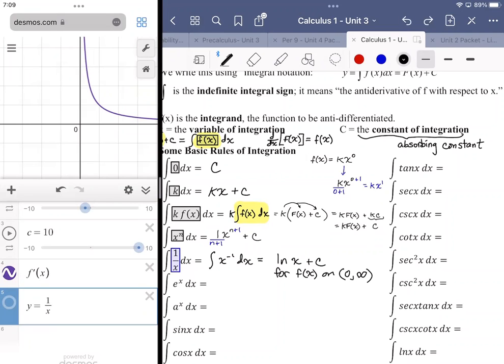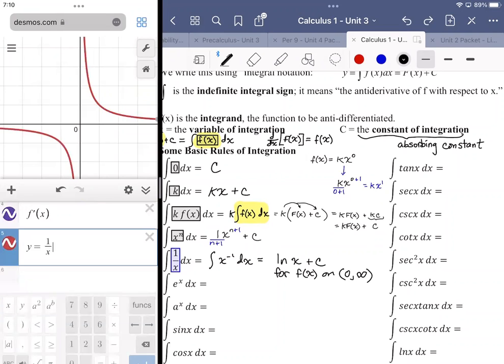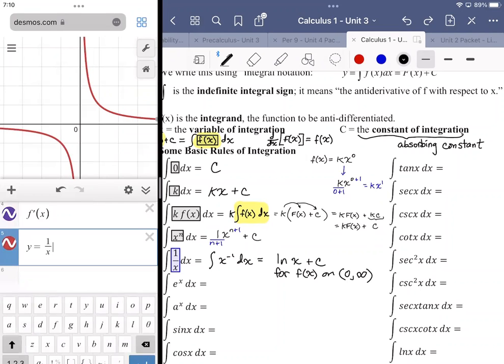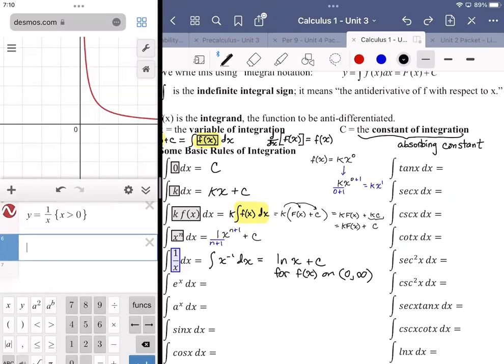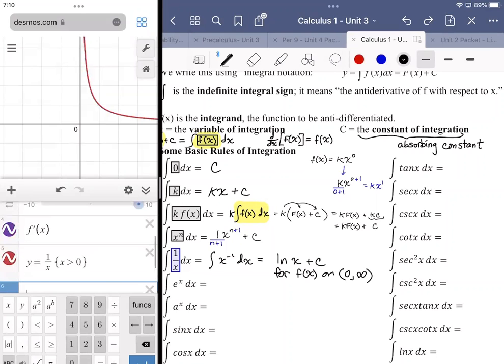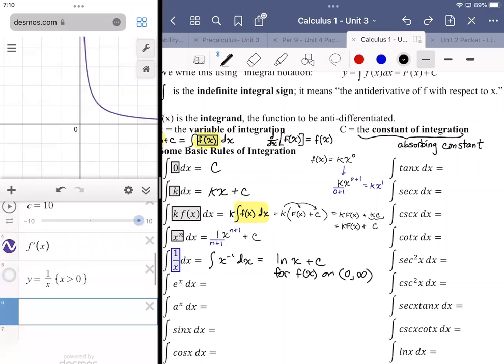I could turn this off, turn this back on and restrict its domain to be only values of x greater than 0. And now my antiderivative matches up with the correct antiderivative. Because you have a domain restriction when you deal with a natural log, and that becomes an issue.